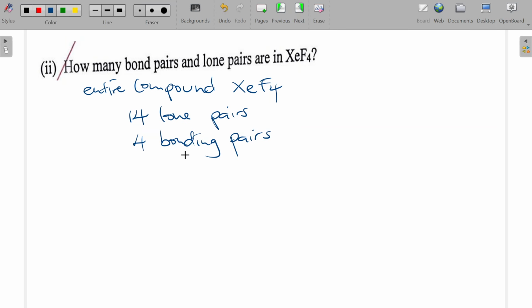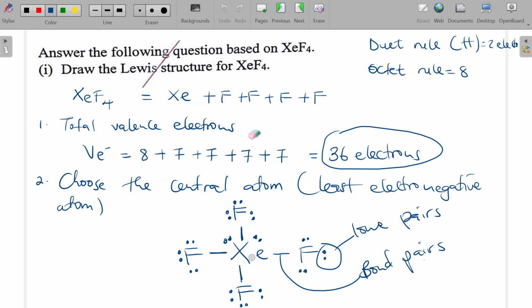That is one thing you need to note. Now if they ask you for xenon, what are the bond pairs and the lone pairs in xenon, you go to the central atom, which is xenon. Xenon has 2 electrons here, so those make 1 lone pair.